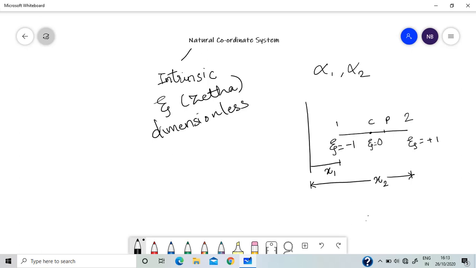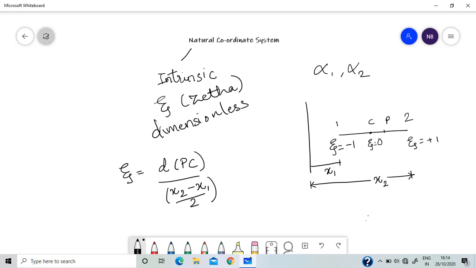So it is required to find the unknown displacement field at some intermediate point P, which is at a distance x from the origin. Now, using the natural coordinate system, we need to find out zeta, which is the distance PC upon x2 minus x1 upon 2.